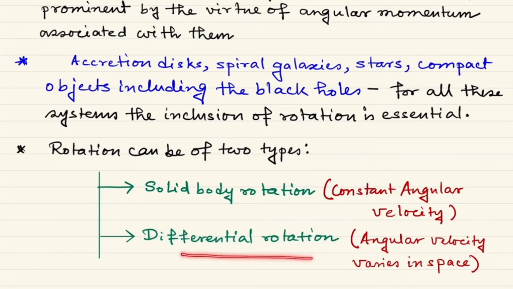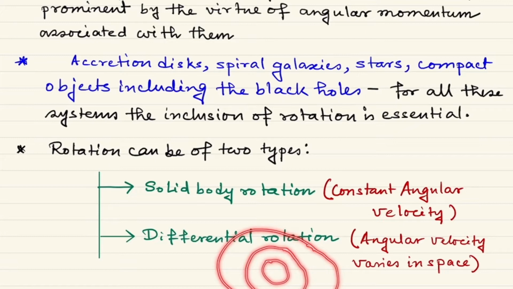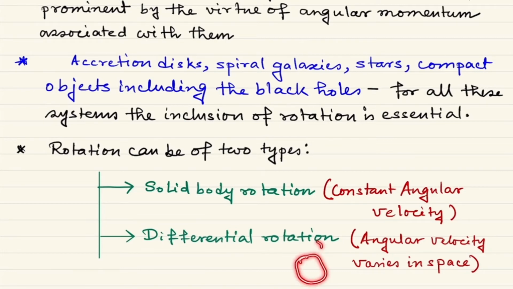When differential rotation comes into play, the viscosity between two concentric layers becomes active, because in rotation the main role of viscosity is to prevent the relative rotation of one layer with respect to the other.